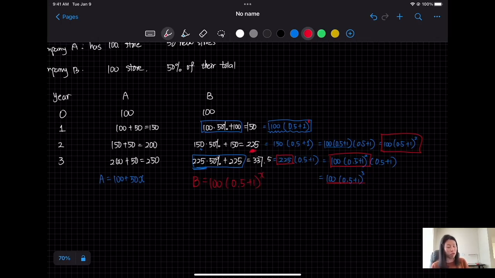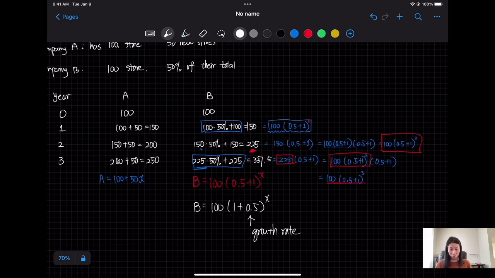More generally, we write it as 100 times (1 plus 0.5) to the x, where 0.5 is the growth rate, because we know that Company B is growing 50%, which means 0.5. In general, this is the form of an exponential function.